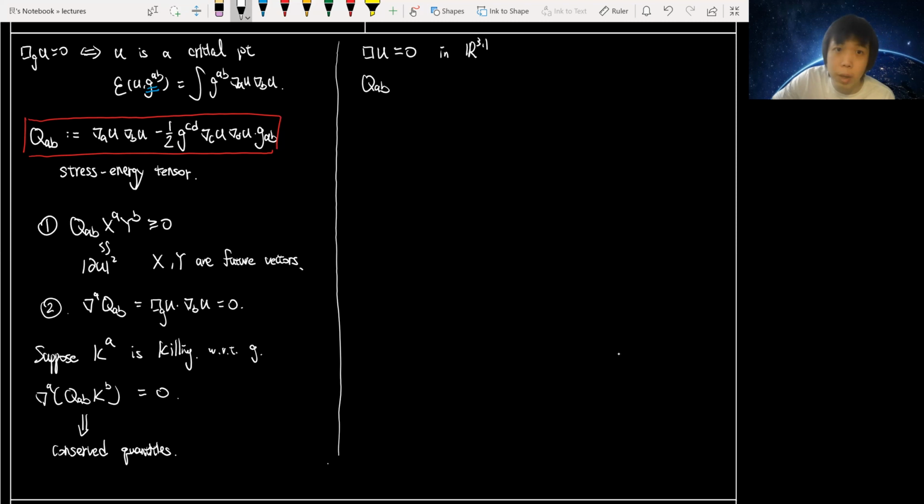So we form the stress energy tensor Q_AB, just like the previous time. And now let's choose the Killing vector to be the time translation, ∂_t. We know the divergence of Q times T equals 0. So let's apply the divergence theorem in the following region.